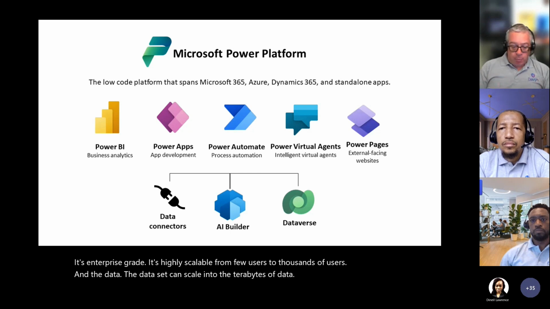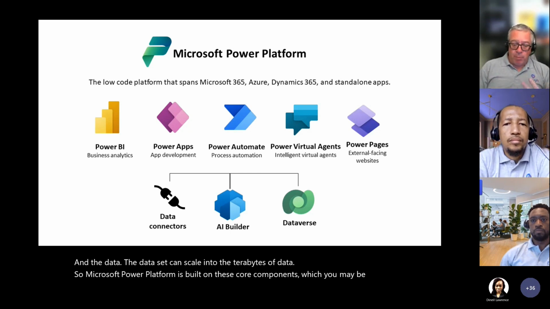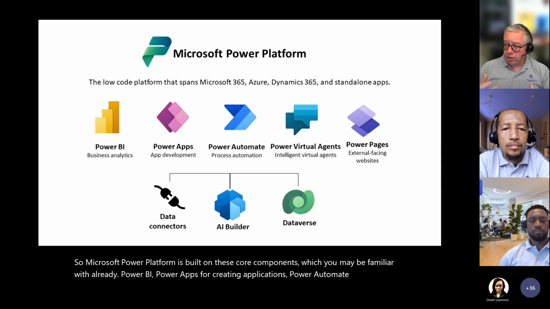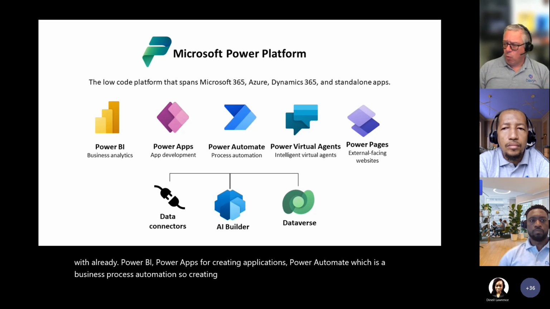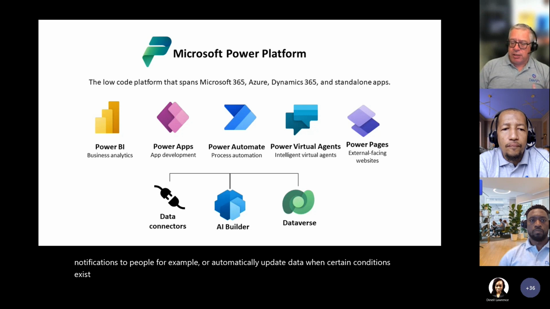So Microsoft Power Platform is built on these core components, which you may be familiar with already: Power BI, Power Apps for creating applications, Power Automate, which is a business process automation, so creating workflows where you want to send automatic notifications to people, for example, or automatically update data when certain conditions exist. Power Virtual Agents if you want to communicate with other stakeholders through AI.